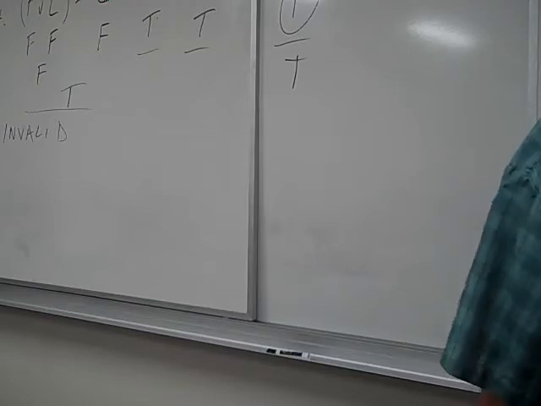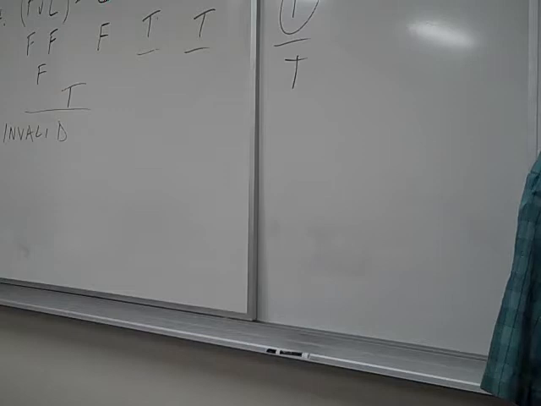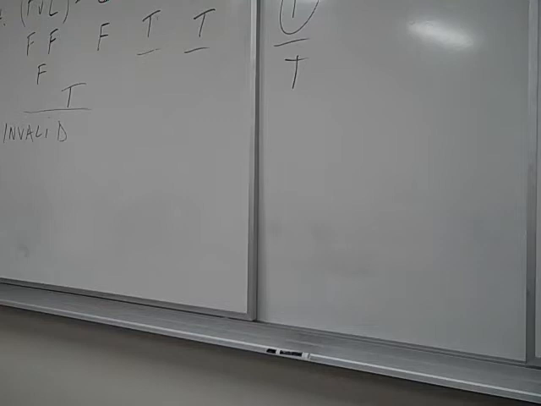But I want this to be true, because I want all my premises to be true. So I would have to make this one true for that to be true. But if R is true, then that's false. So guess what? I'm not going to be able to get a situation where the conclusion is false, but both premises are true. It's not going to work.